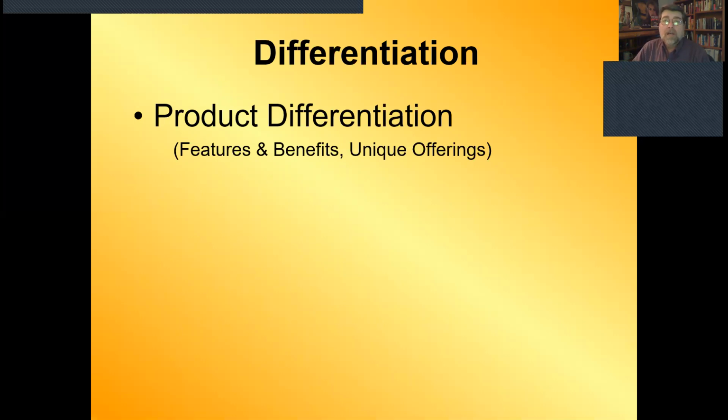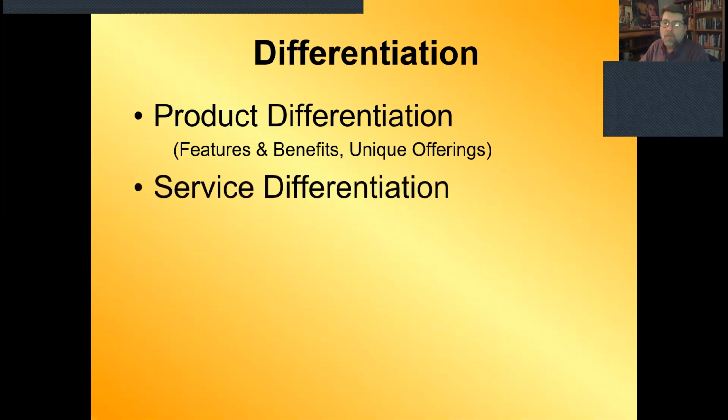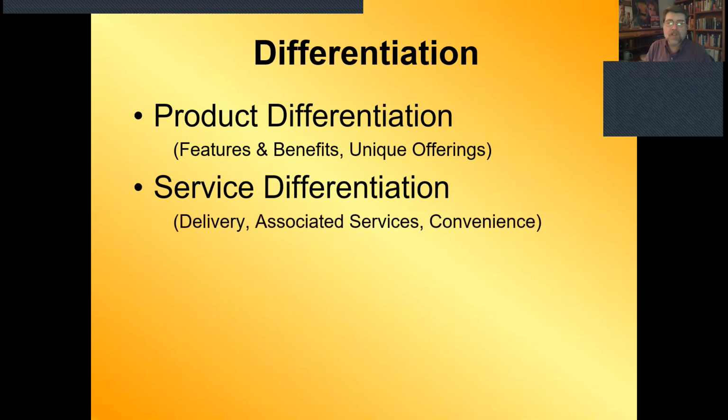However, it's very difficult to do these days because your competitors will try to copy you. What you might have to do is differentiate yourself with service. Maybe you have delivery or some associated services, like support services.